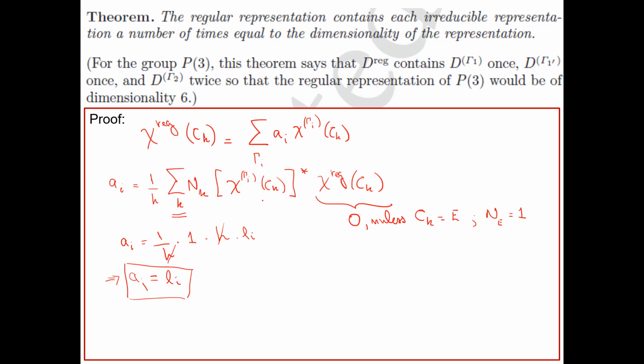And this is what we wanted to prove. We wanted to basically prove that the number of times AI that a given representation is contained in the regular representation is equal to the dimensionality of the representation Li. Alright? Okay. This completes the proof.